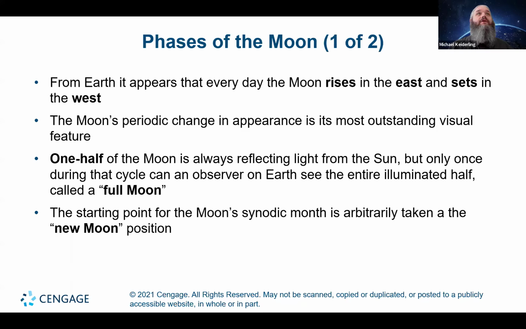Now, the moon phases, its periodic change in appearance, is its most outstanding visual feature. One half of the moon is always reflecting light from the sun because it's the side of the moon that's facing the sun.